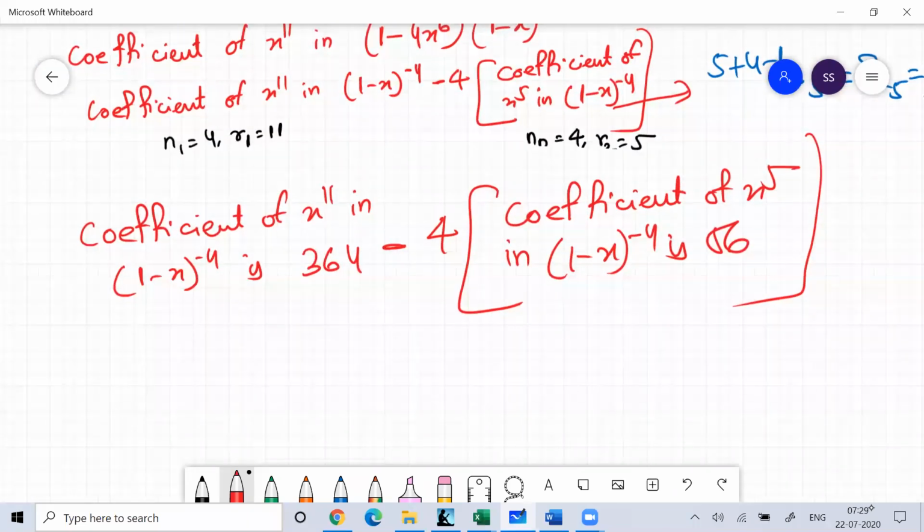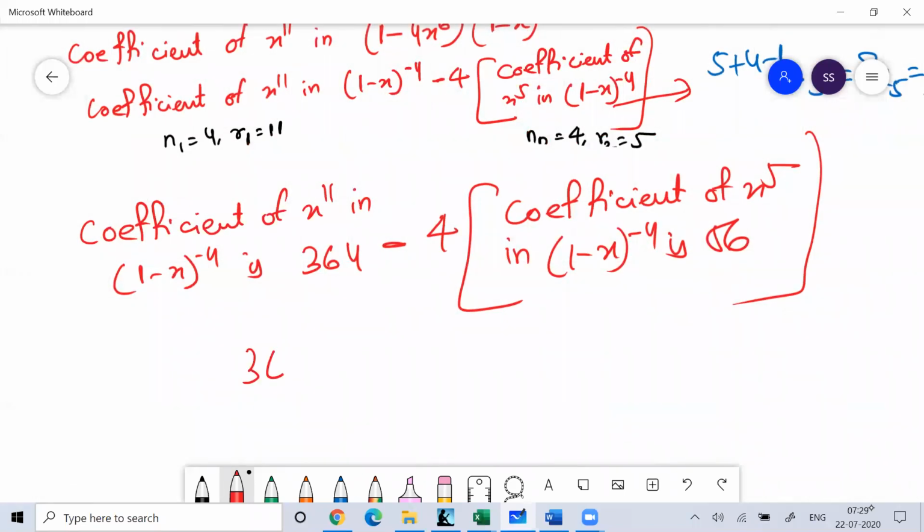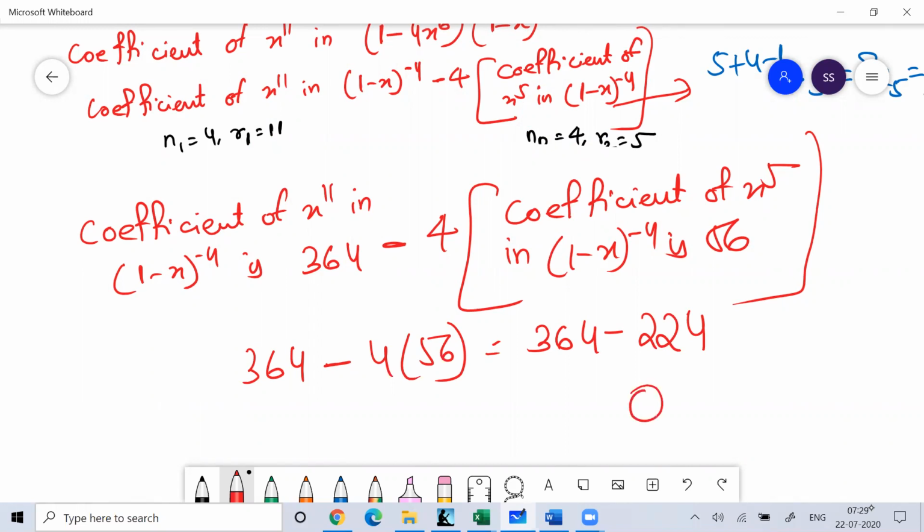Your final answer would be 364 minus 4 times 56. So this is 364 minus 224, which is 140. The same answer that I got before also.